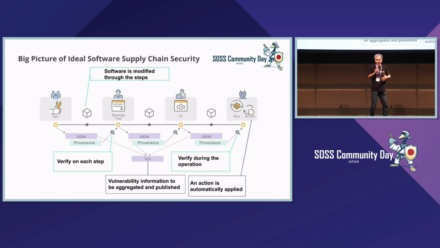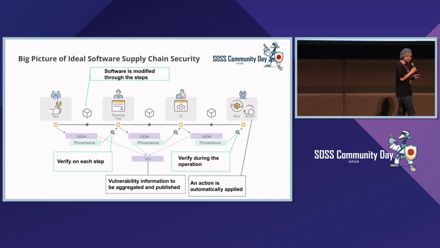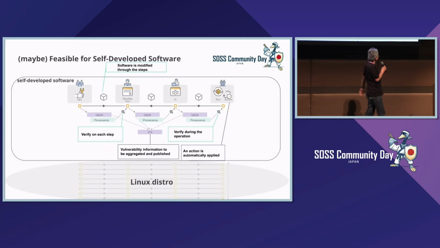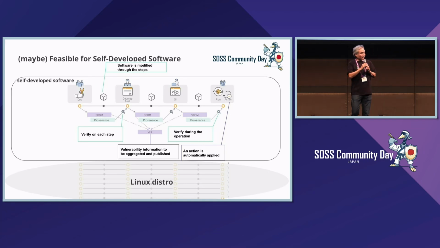That's shared? OK. All right, so the next. Many things here, so can we do that or not? In this picture, for only one software, for example, self-developed software, it should be feasible.